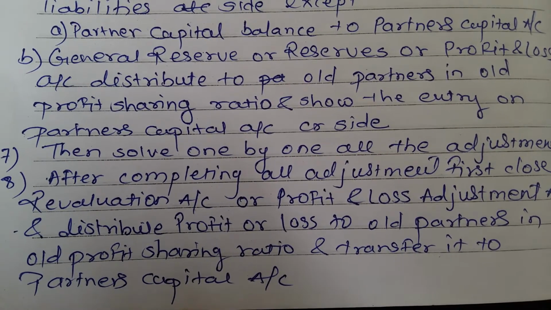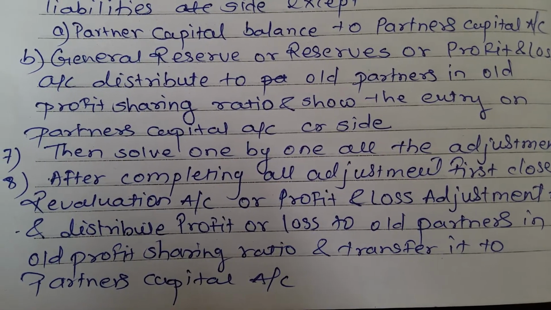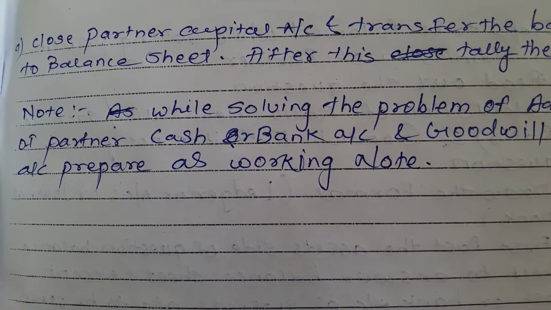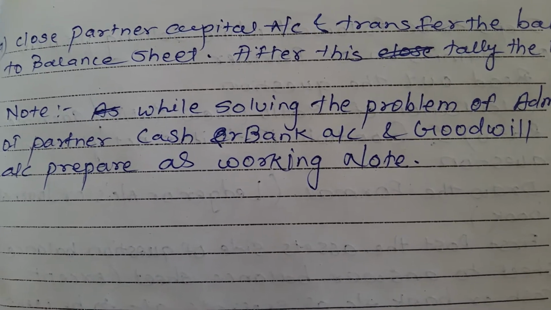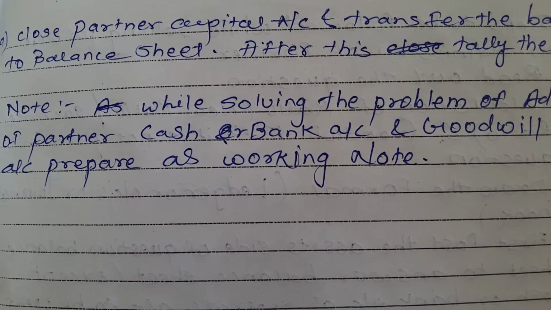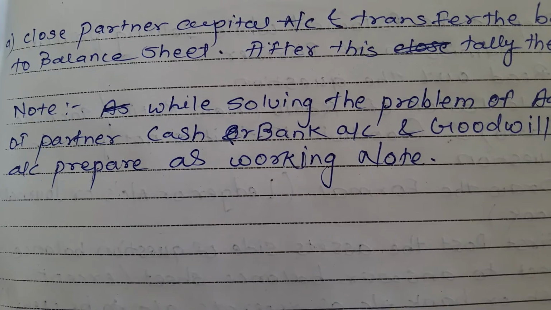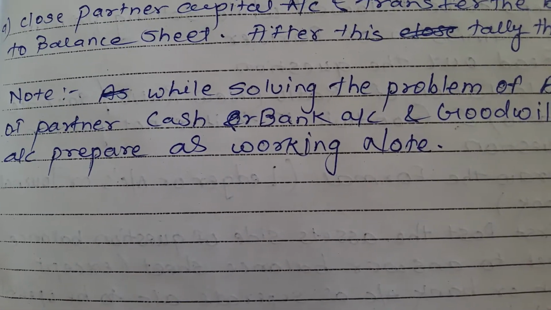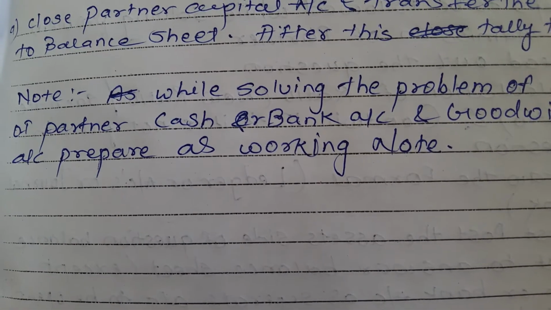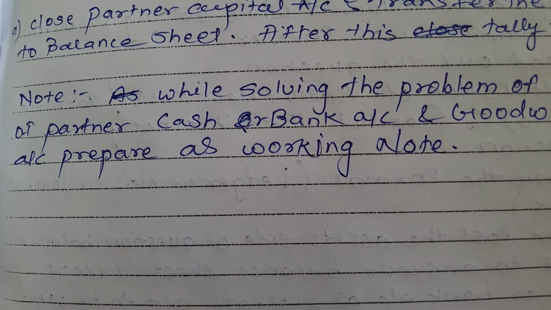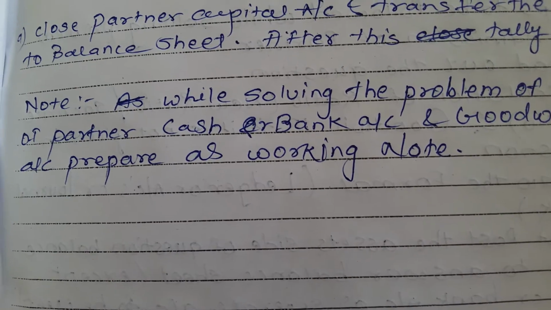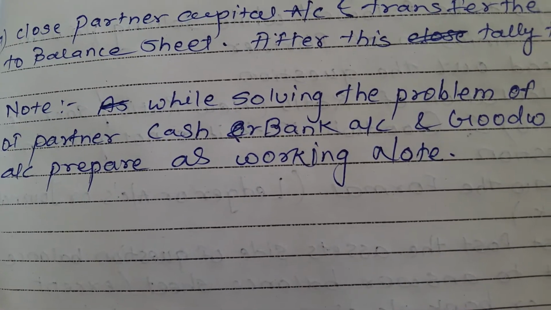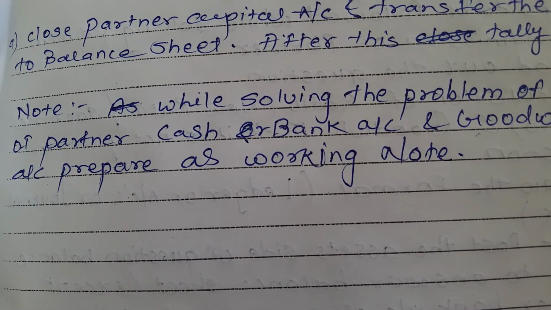So it means first you will close the revaluation account and transfer the balance to the partners capital account. After the partners capital account is closed, transfer the capital closing balances to the answer balance sheet and then tally the answer balance sheet. And remember, it is not mentioned in the question that you have to prepare the cash or bank account and goodwill account, but for solving the question without making any mistakes, you open the cash and goodwill account as a working note.